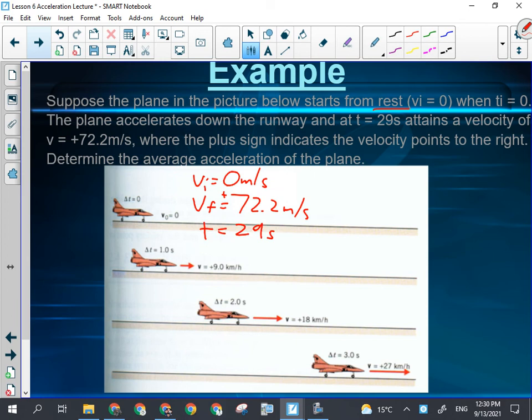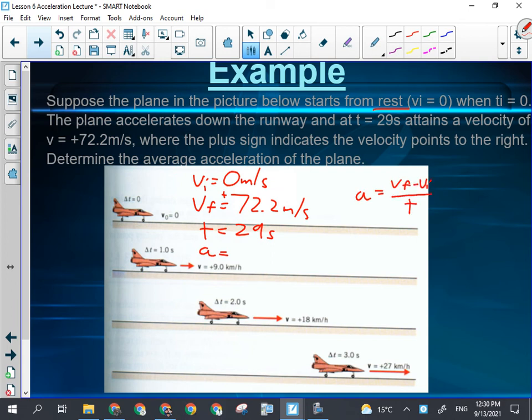Here's why writing down your givens is A, worth a mark, and B, a really good idea. You are going to have 5 different acceleration formulas. Writing down your givens will help you to determine which one you should use. In this one here, I have VI, VF, T, and I'm looking for A. So I only have one formula on my formula sheet that has those 4 things in it, and it's the one we learned last year in Science 10.